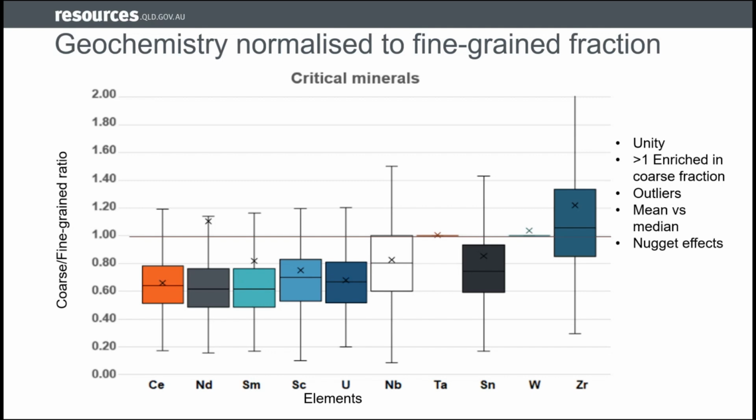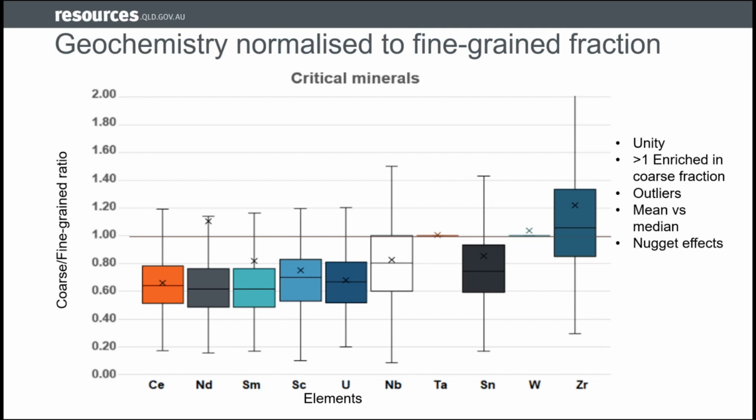We find that there is a lot of undissolved residue, because we use digestion methods and we could see that there's residue left in the coarse fraction. In other words, they are underreported. But just looking at that, you find that the mean tends to be higher. Tin is an exception because it's so hard to dissolve that we always find the maximum amount of residue is in tin.